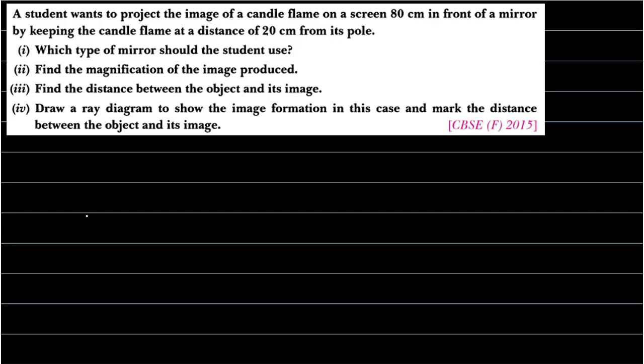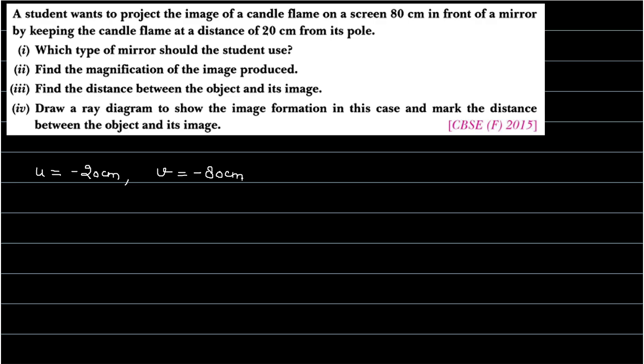Okay, so U is given. U is minus 20 centimeter, and V is also given. It is on the screen, so that means it's real and inverted. That means it would be on the left side. So I'm taking V as minus 80 centimeter. Right? Listen to me very carefully. Why I'm taking minus plus, because everything is based on this minus plus only. If you take the plus 80, everything would be wrong.